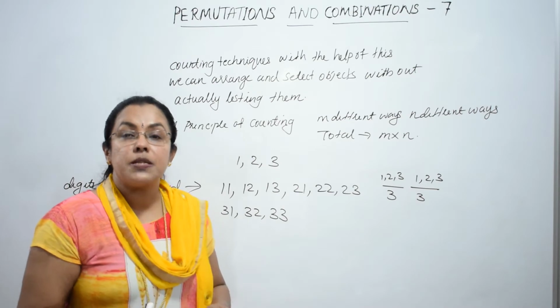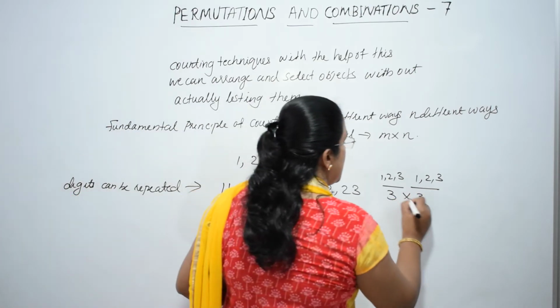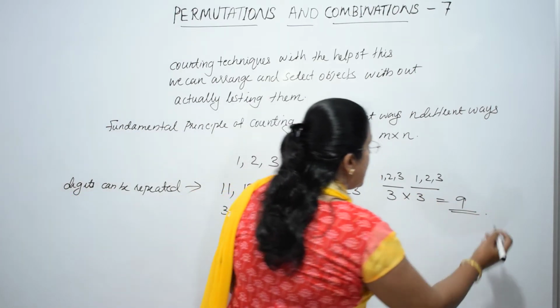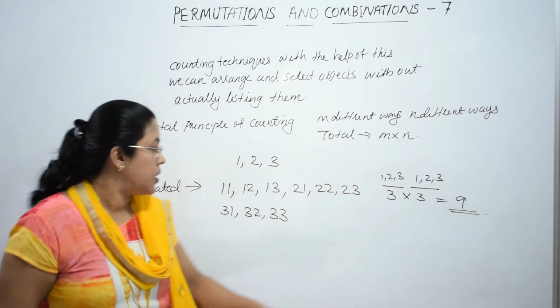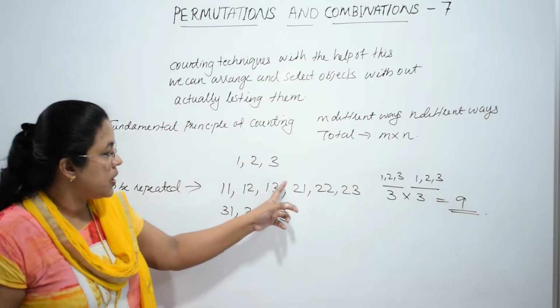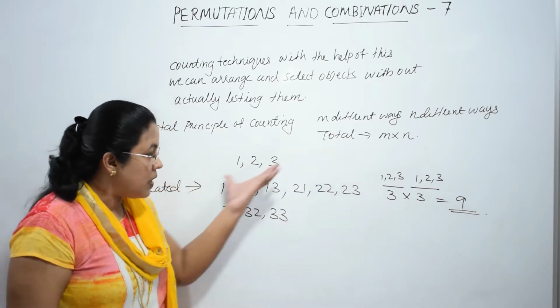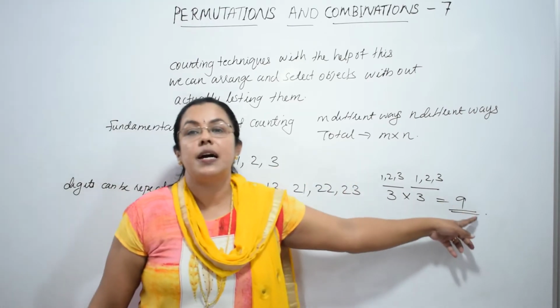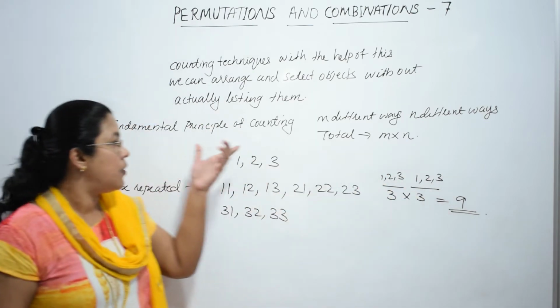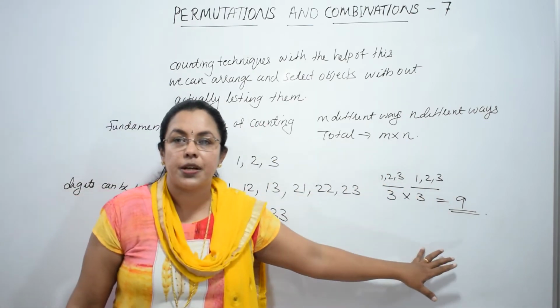Using the fundamental principle of counting, 3 into 3, 9 numbers are possible. Look here also, 1, 2, 3, 4, 5, 6, 7, 8, 9. Without listing all this, we can write the answer directly.